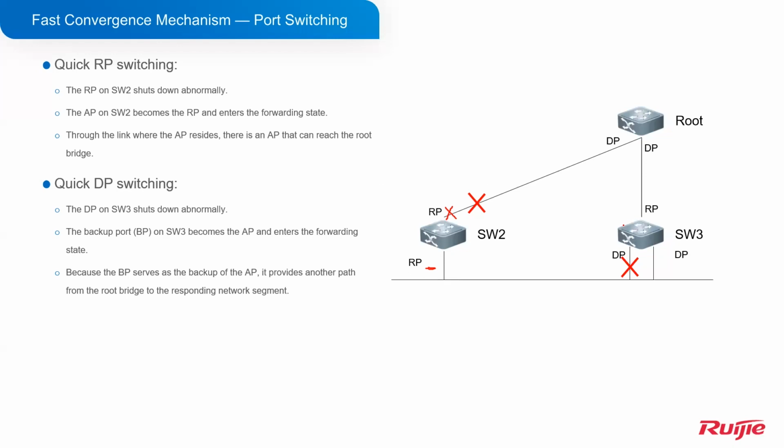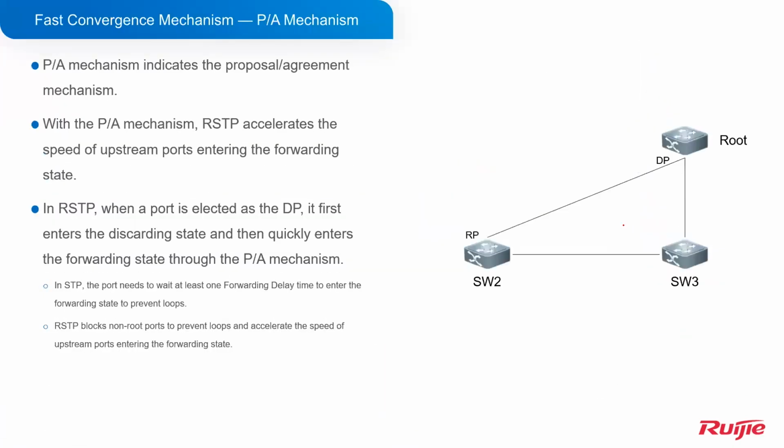Okay. And next, we mentioned a mechanism which is called the PA, proposal agreement. The PA mechanism indicates a proposal agreement mechanism. With this mechanism, RSTP accelerates the speed of upstream ports entering the forwarding state.